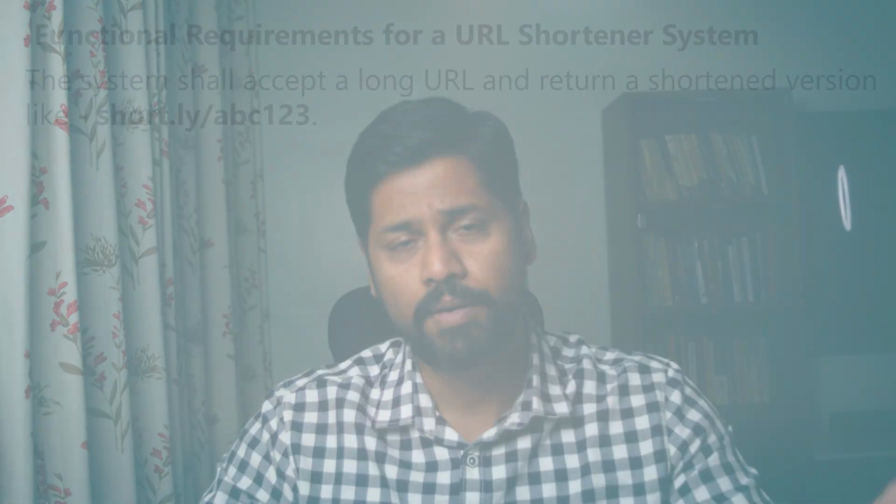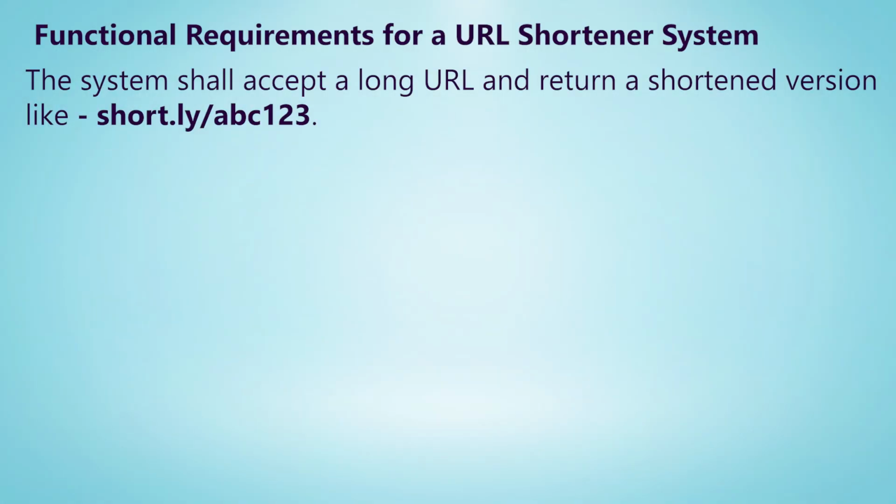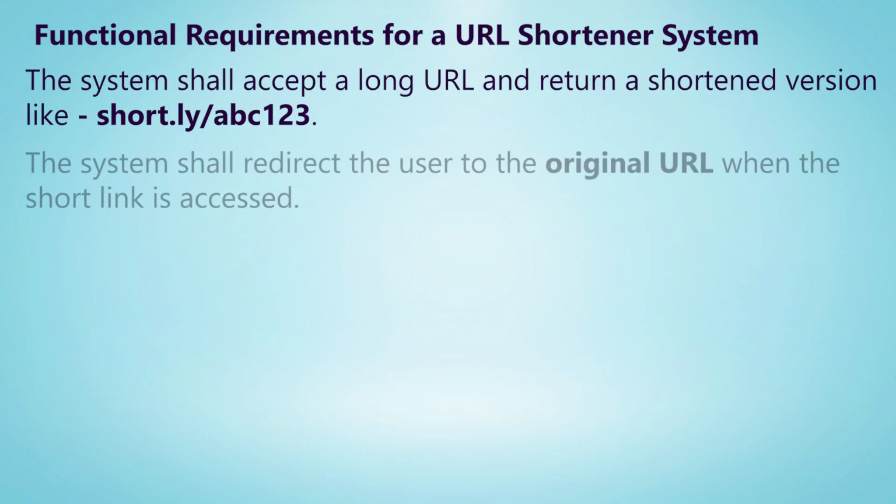So what will be the functional requirements of the system? Number one, the system should accept the long URL and create a shorter version of this URL. And once the user clicks on the short version of the URL, the system shall redirect the user to the original URL.